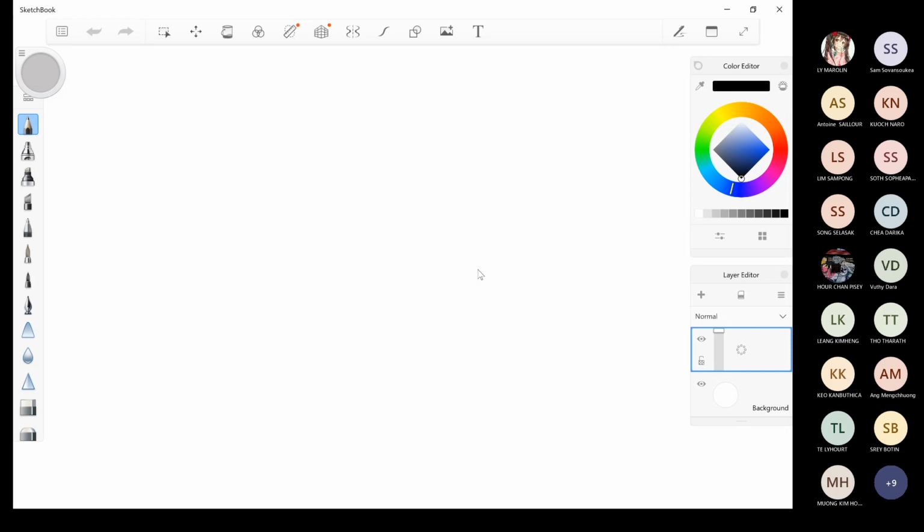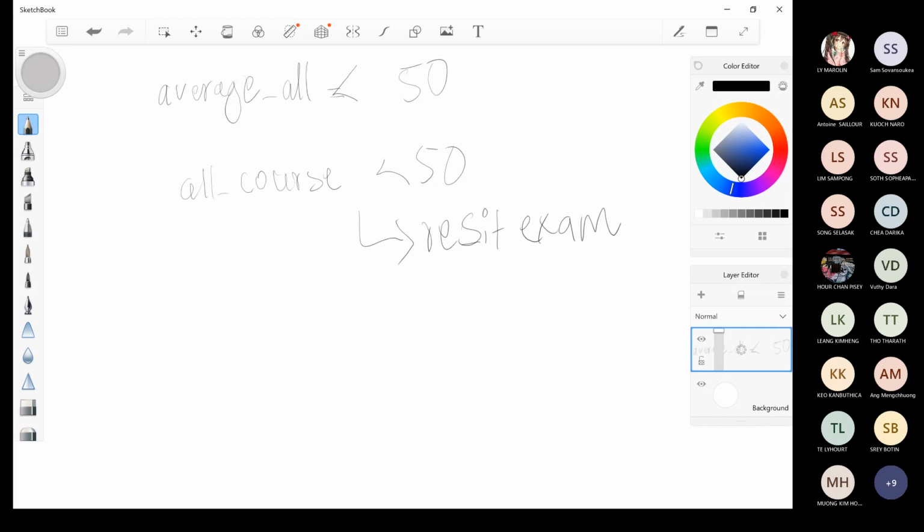Okay, in this case I just try to give an example for you. If your average is less than 50, then all the courses that you scored less than 50, you have to take resit exams.